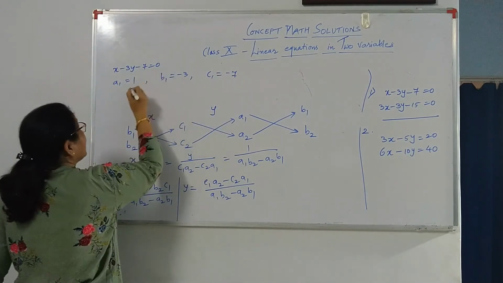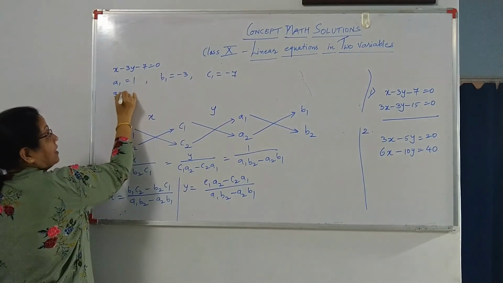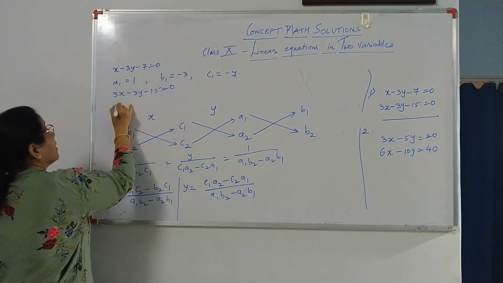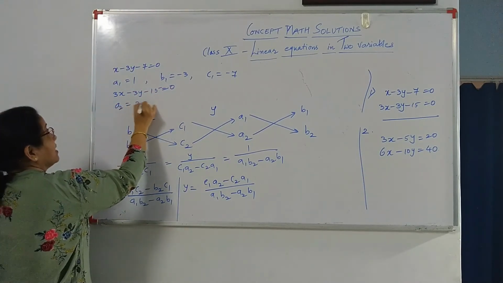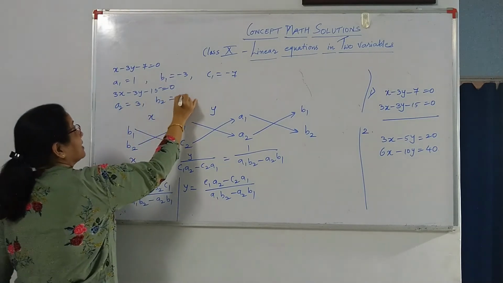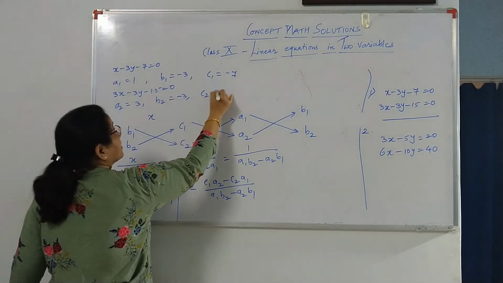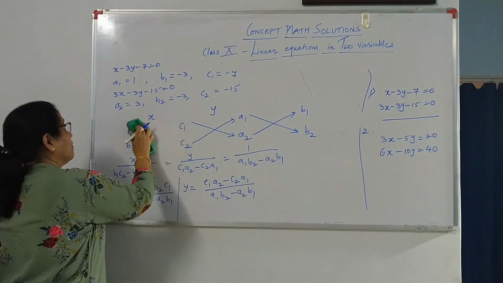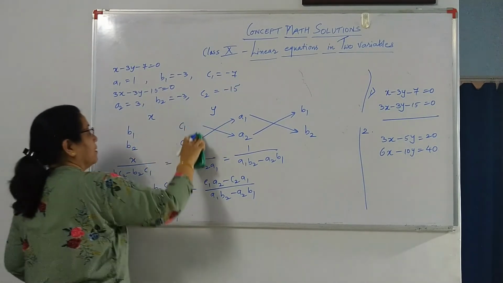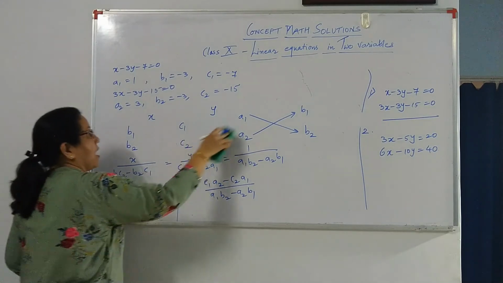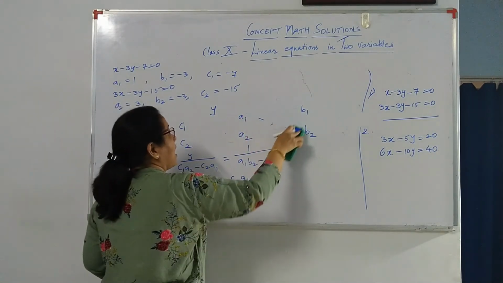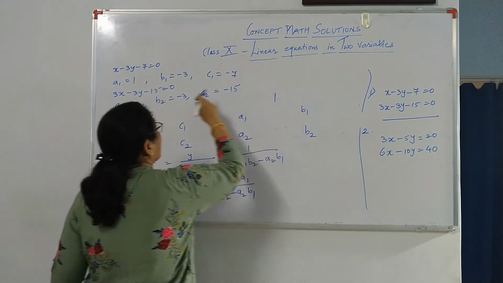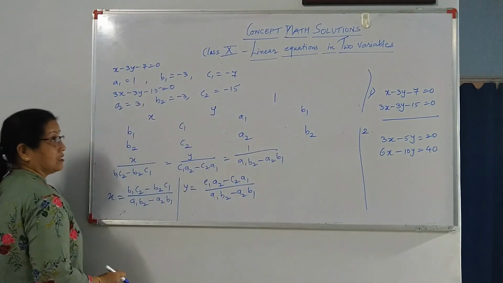Yes, and I take the second equation 3x minus 3y minus 15 equal to 0. Then I have a2 as 3, b2 as minus 3, c2 as minus 15. Right? So I put the values in this web. Yes. So we have x, y and 1 as I said just now.